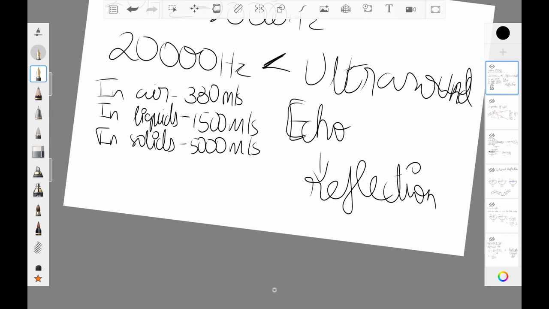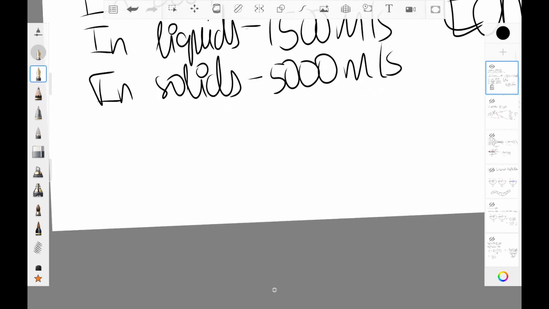You can actually apply the use of an echo, or rather the reflection of a sound, in determining the depth of a sea or in medical imaging. Basically, there are often questions where they give you something like a ship, and let's say there's a rock here. It sends a sound wave down here, and the sound wave goes back up.